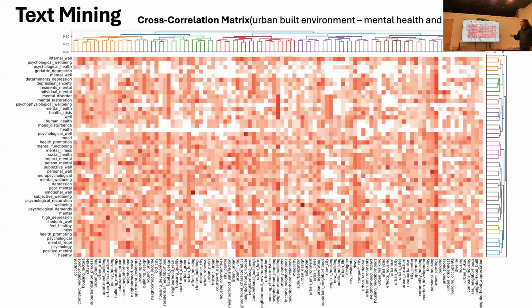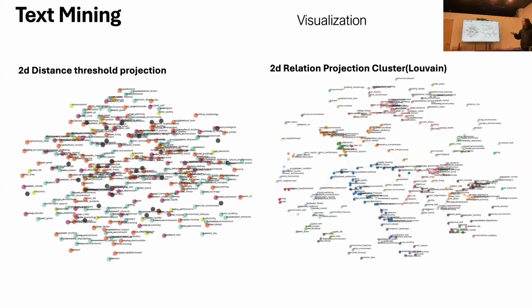And finally there is the cross-correlation matrix with a statistical method. Very cool. And this is the 2D visualization of the words.